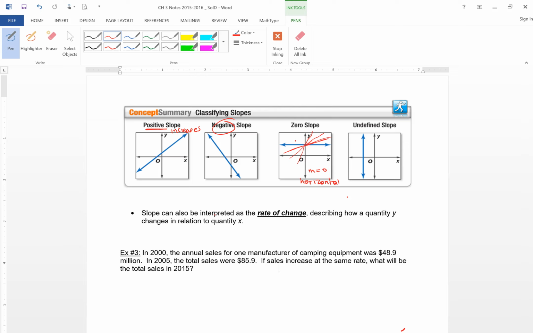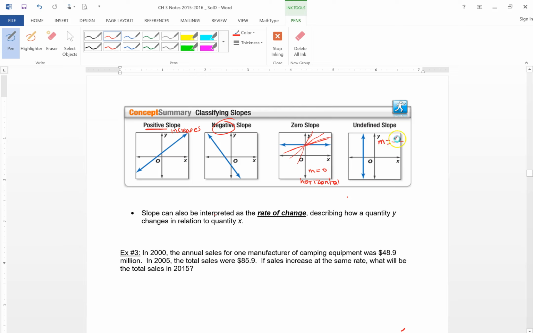Okay? It's infinite. It's infinity. And we don't know what infinity is. That's when you get a vertical line, and that's why the slope is undefined. Okay? So undefined slope means the value of the slope itself is huge. It's infinity huge. Okay? So this is when slope is undefined.